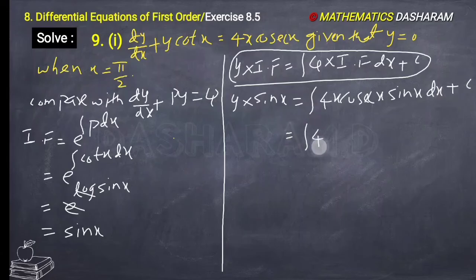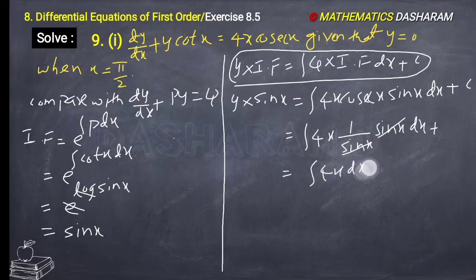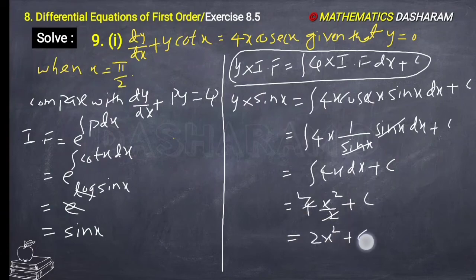So 4x into cosec x means 1 by sin x, into sin x dx plus c. Both are cancelled. Integration 4x dx plus c. So here 4 into x square by 2 plus c. 2 ones are 2, 2 twos are 2x square plus c. So y into sin x equals 2x square plus c.